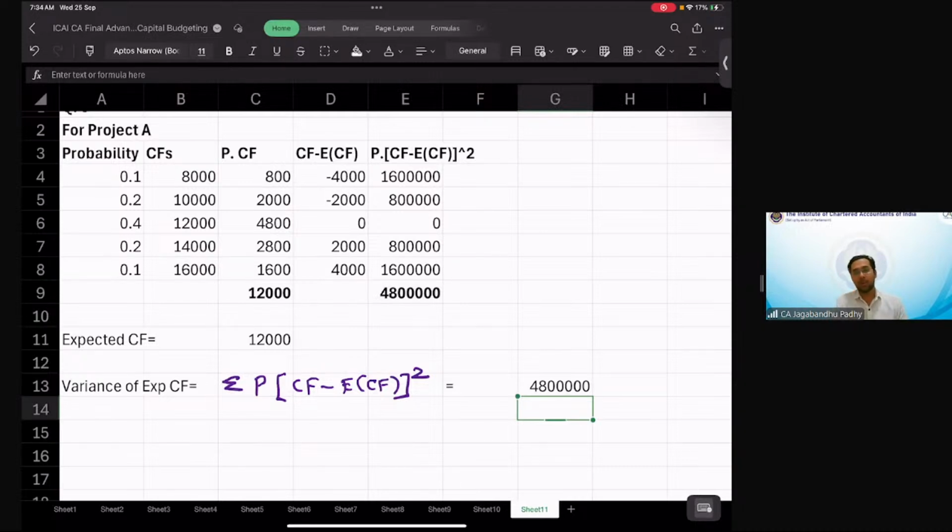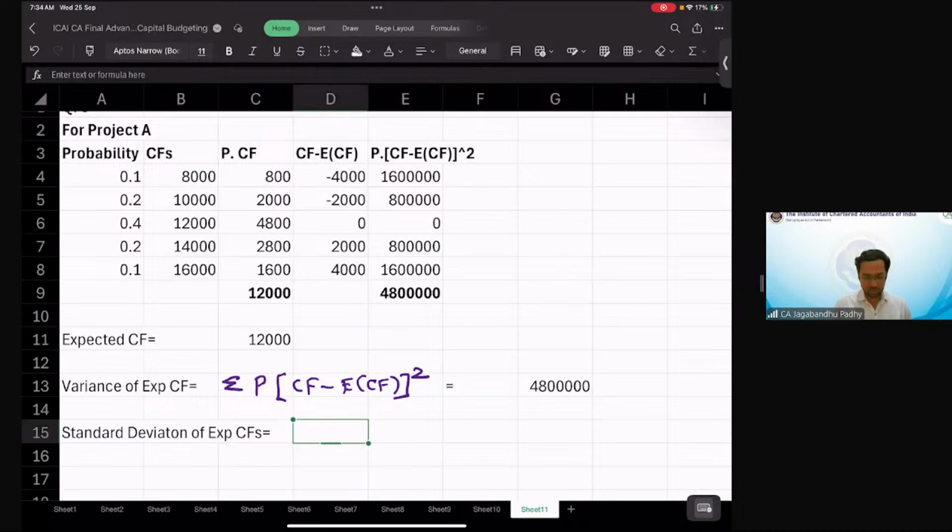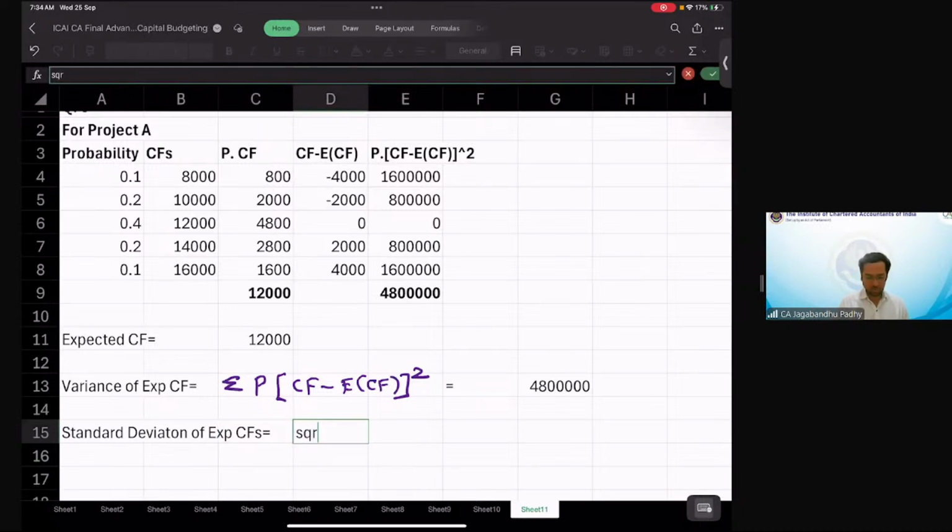But we know 48 lakh variance is a very much magnified variance, so we don't want that particular number as a measure of risk. So what we calculate is the standard deviation of expected cash flow. That's nothing but the square root of variance.